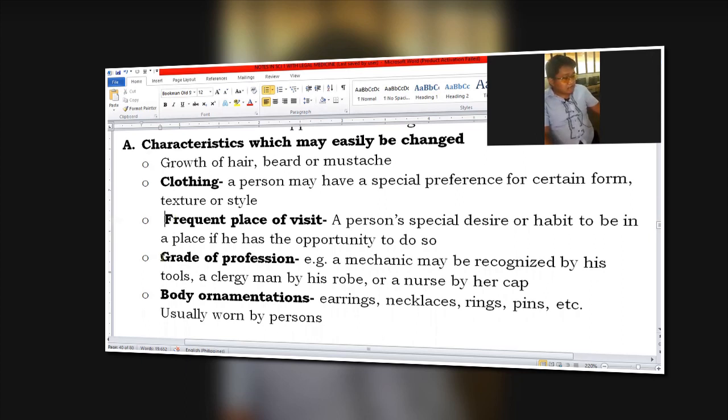Okay? So also grade of profession. A mechanic may be recognized by his tools, a clergyman by his robe, or a nurse by her cap.